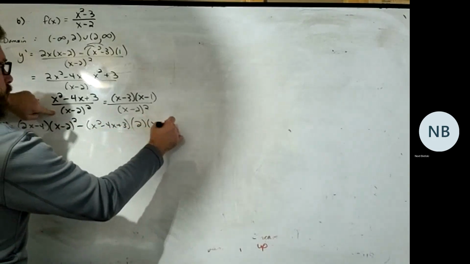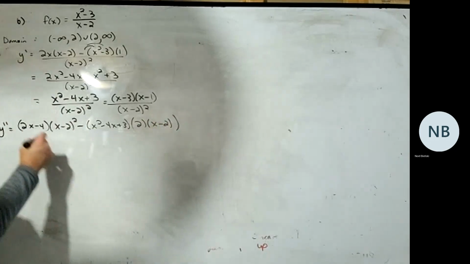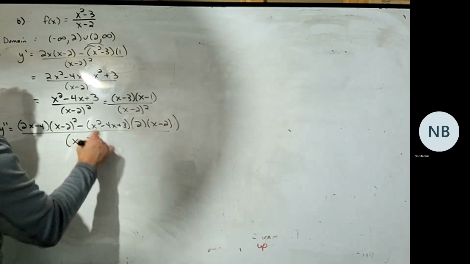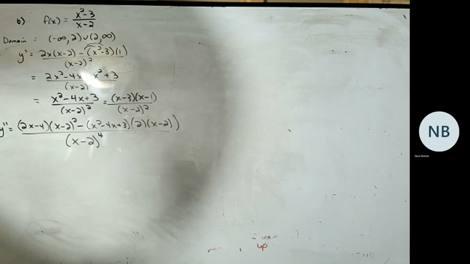That's 2 times x minus 2 to the first power times the derivative of the inside, which would be 1. All over the bottom squared, x minus 2 squared, which would be x minus 2 to the fourth. Ugh, gross.